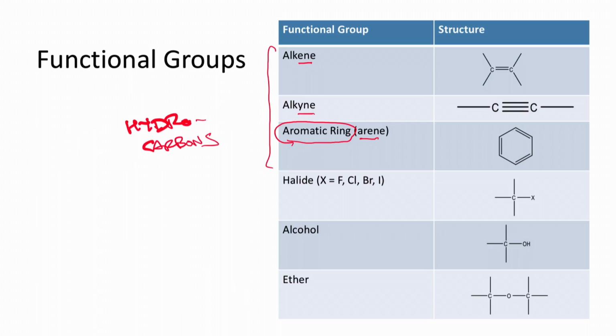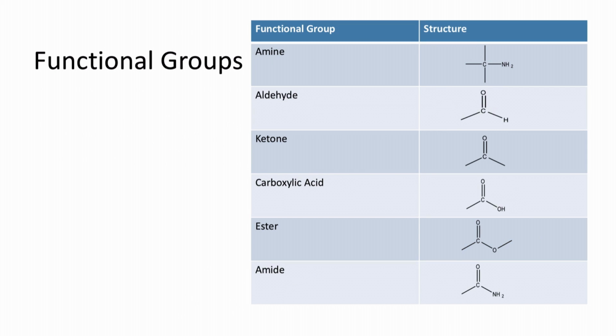For example, you can have alcohols that have OH groups, shown here, or ethers where the oxygen is actually sandwiched between two other carbon atoms. Now, here's an example of something with nitrogen in it. An amine has this NH2 group that's directly bonded to a carbon chain.